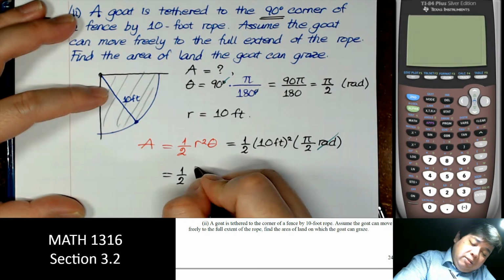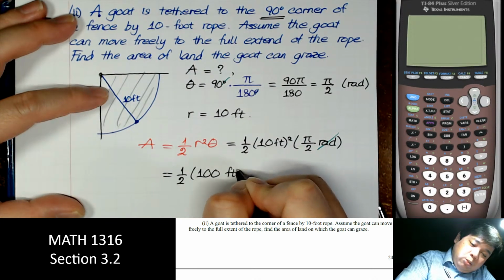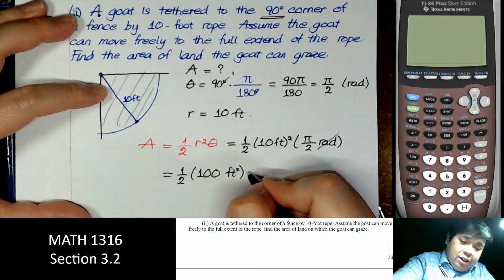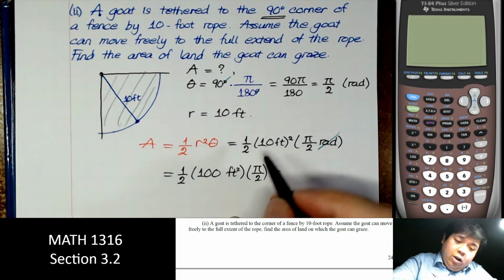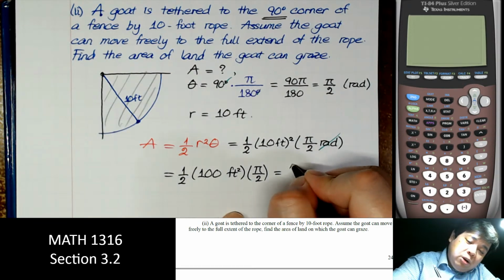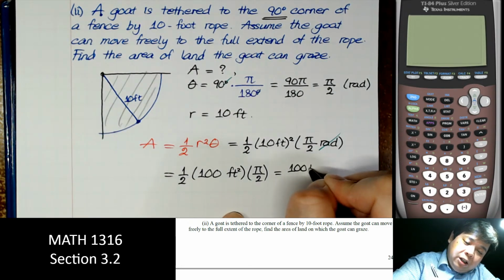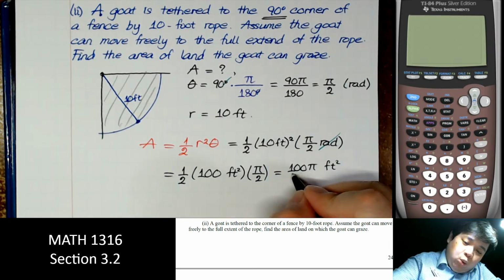10 feet squared is 100 square feet, times pi over 2. Right, so on the top we have 100 feet and pi, so 100 pi square feet.